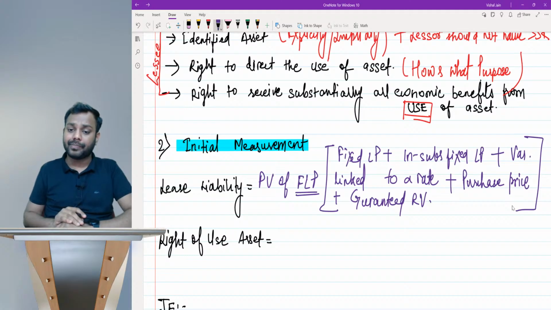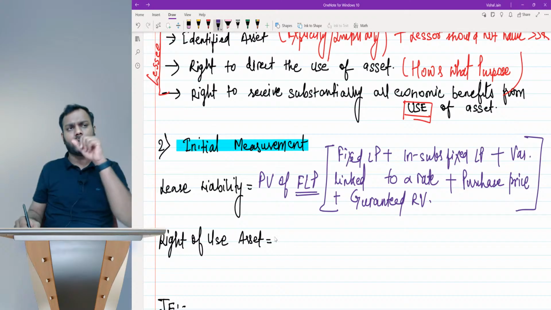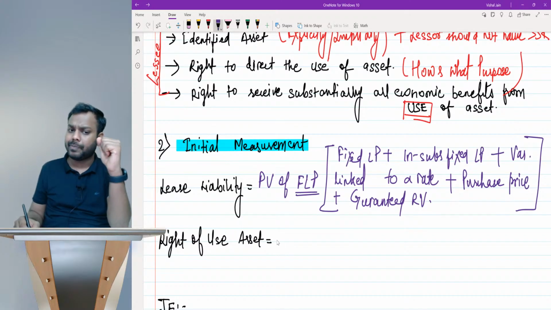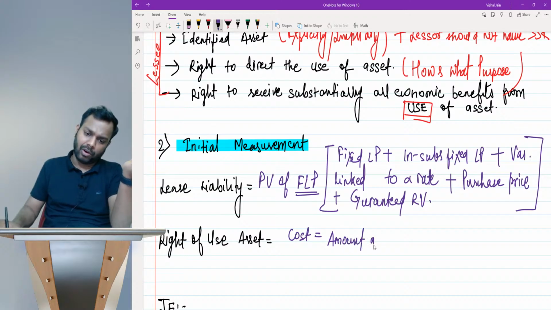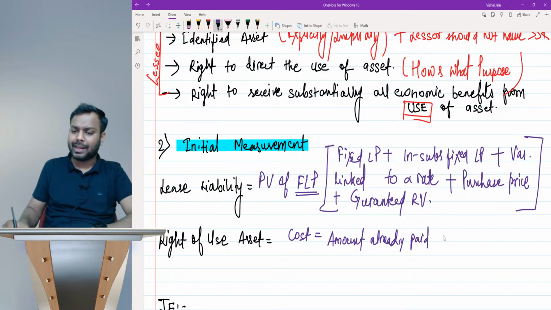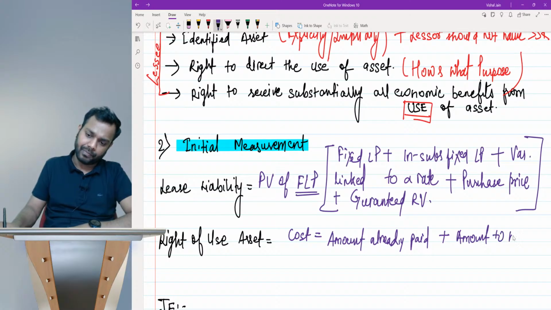Is it clear, guys? Now what is the right of use asset? Whenever you purchase any asset, you recognize it at cost. Right now we studied this cost might have amount already paid, plus it might be the case that some amount is not paid, an amount to be paid in future.